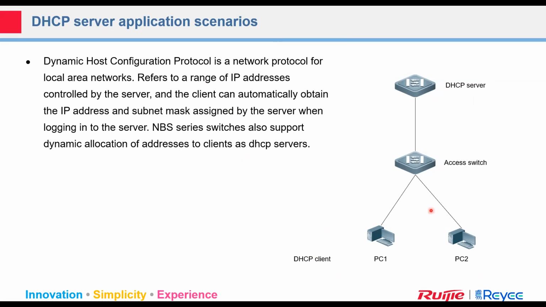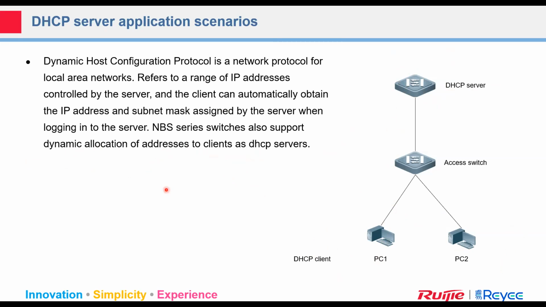So the client will obtain an IP address and subnet given by this DHCP server. This NBS switch already supports dynamic allocation for DHCP.